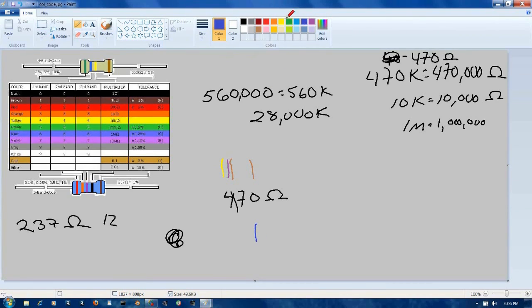And yellow is 4. So that's 6, 4, and we need 1 0, which is brown. So 1 0 is not black because this is our multiplier now. So that's brown. And pretend this is gold, and that's a 5. So this is our 640 ohms resistor. Blue, yellow, brown. Go look in our parts bin.